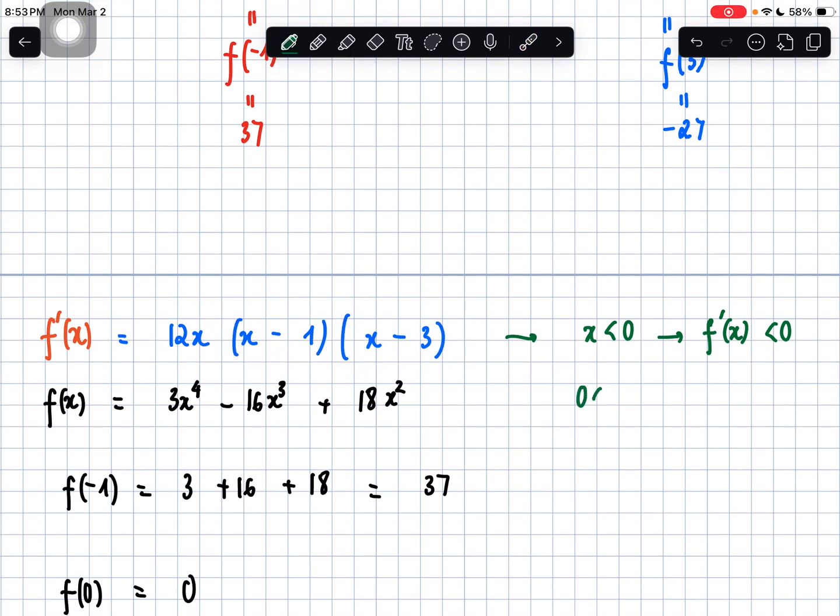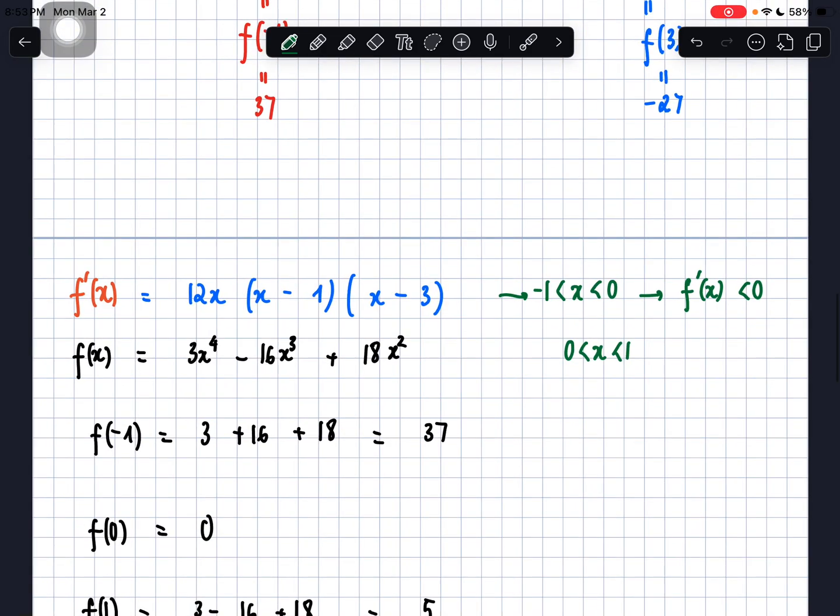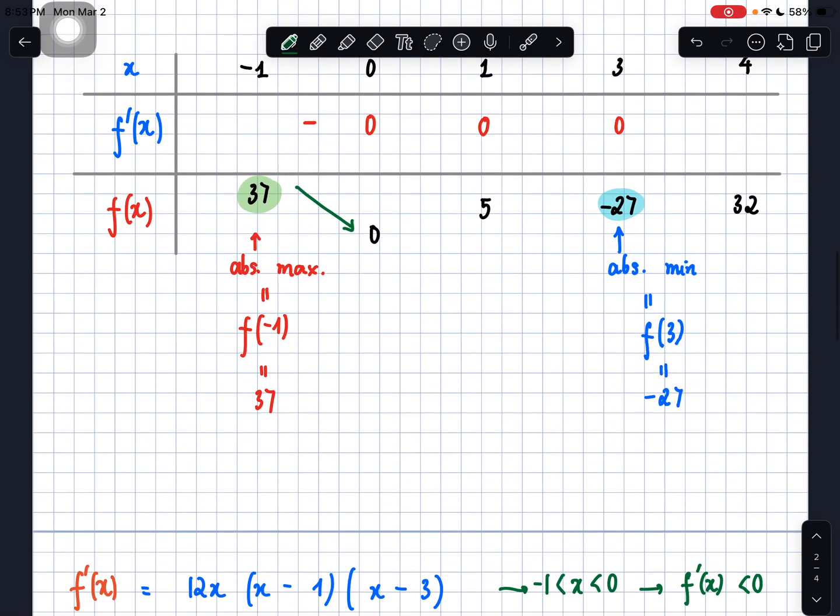So for 0 less than x less than 1, f prime of x is positive. The derivative is positive, the function is increasing from 0 to 5.